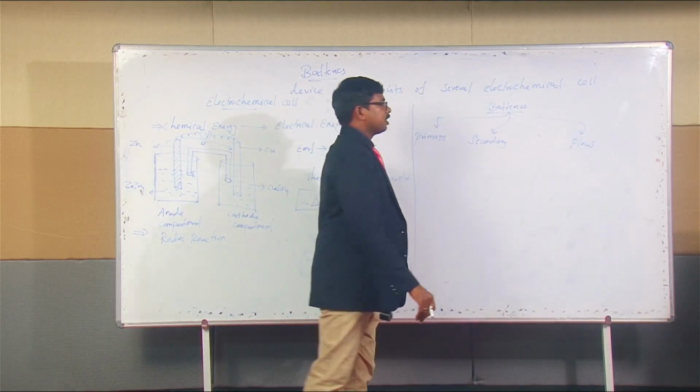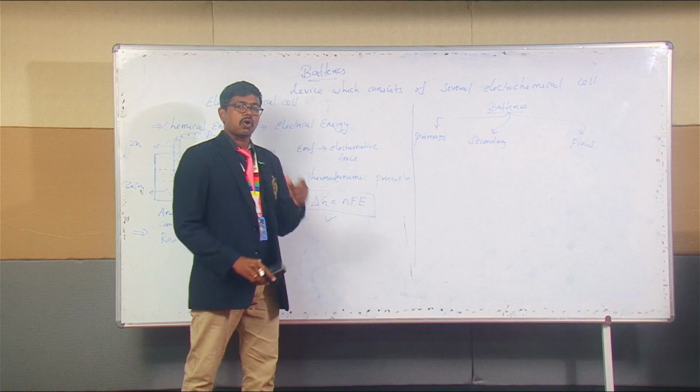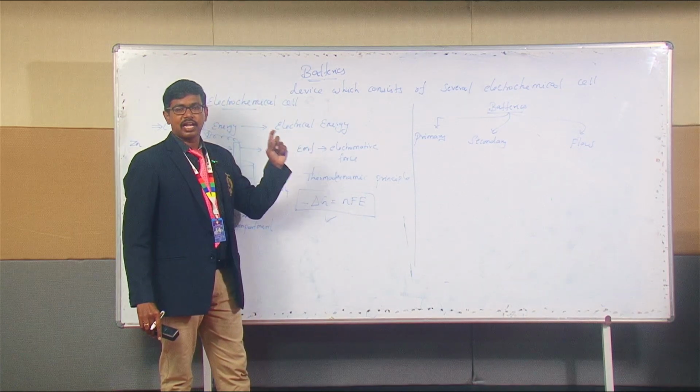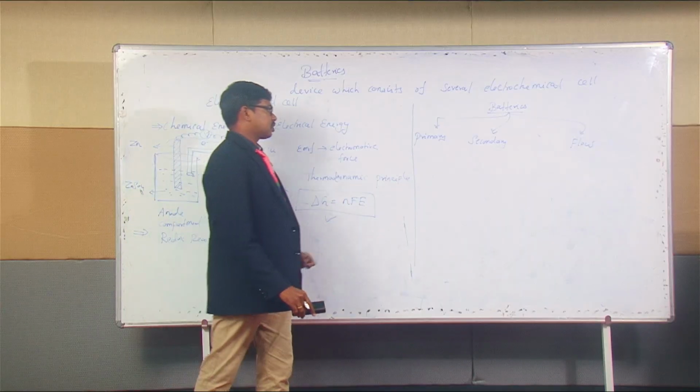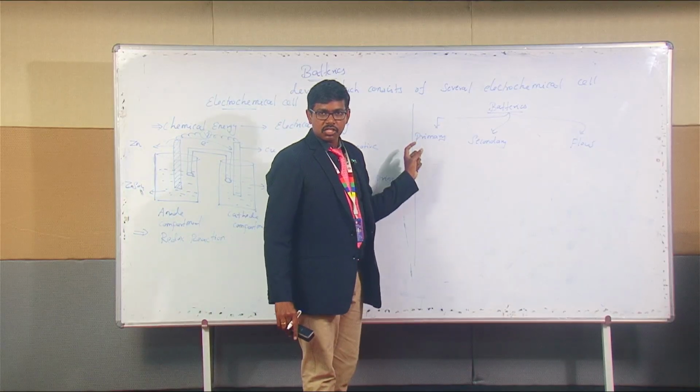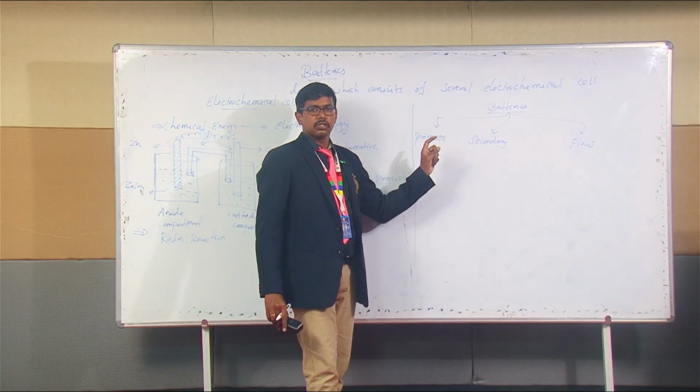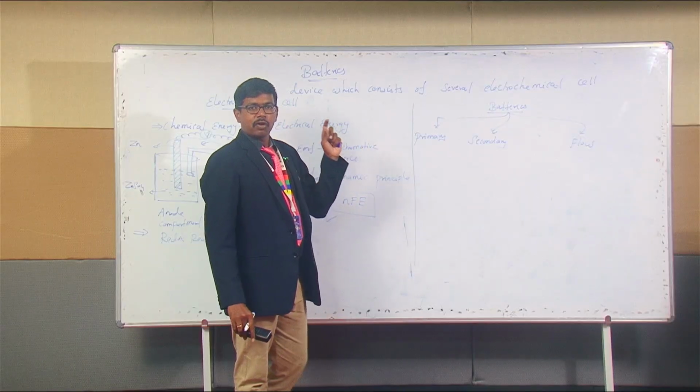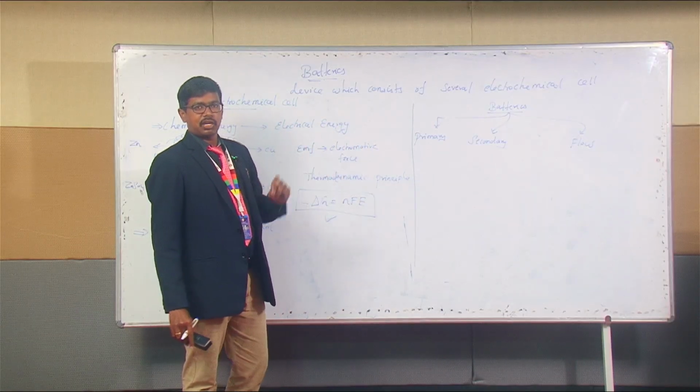These are the three different types of batteries. All batteries follow the same concept of the electrochemical cell. Some batteries can be reversed, some cannot, depending on the type of anode and cathode present in the electrochemical cell.